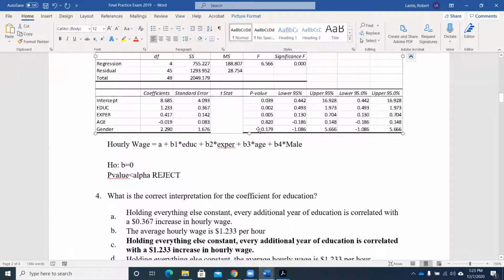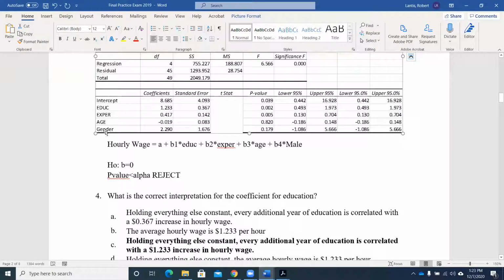And if I look at the gender variable as well, even though there's quite a sizable effect of being male on hourly wage, the p-value isn't less than even 0.1. It's definitely not less than 0.01. So even with 90% confidence here, I would fail to reject the null because that p-value is not less than alpha.